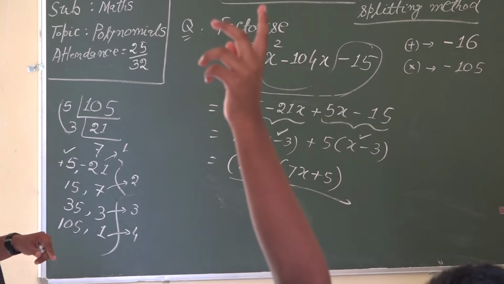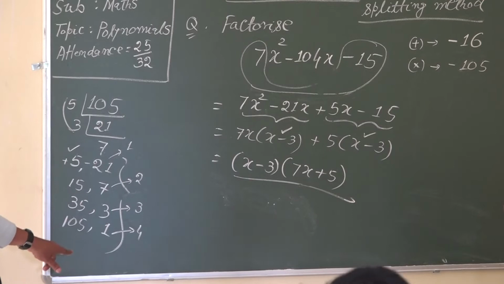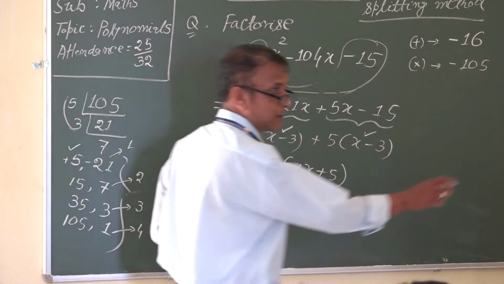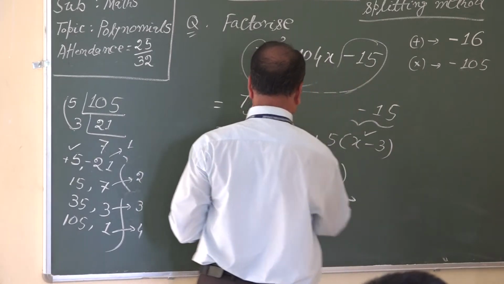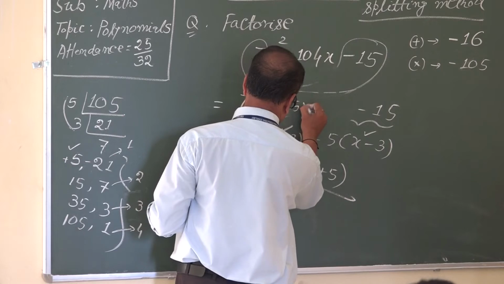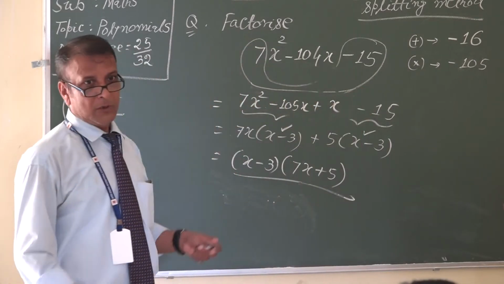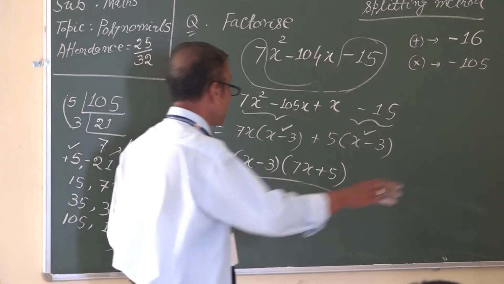Then, again, which pair, what possibility, means 105 or 1? Then how will I write here to get this minus 104? Minus 105 plus 1. Good, very good. Like this, you can do yourself.